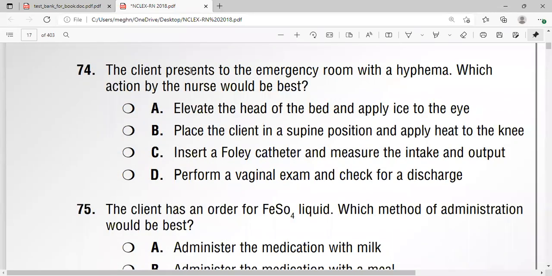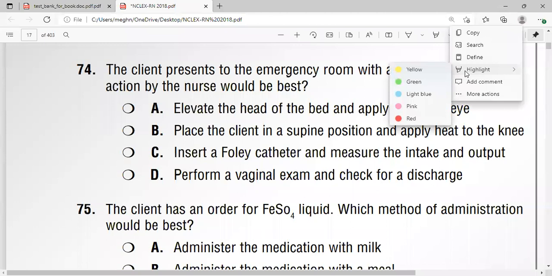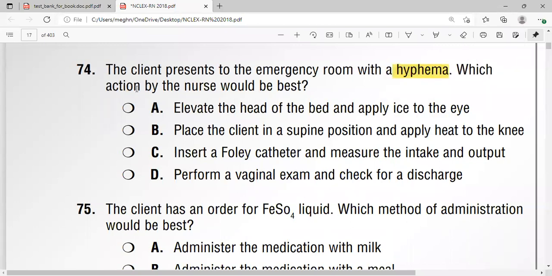Next, the client presents to the emergency room with a hyphema. Which action by the nurse would be the best? Number A, elevate the head of the bed and apply ice to the eye.